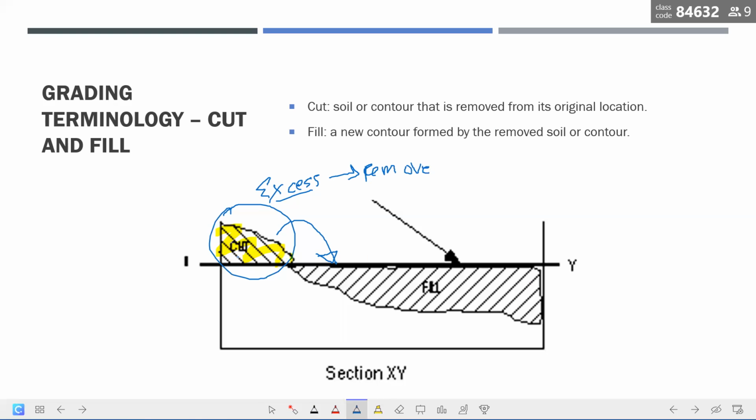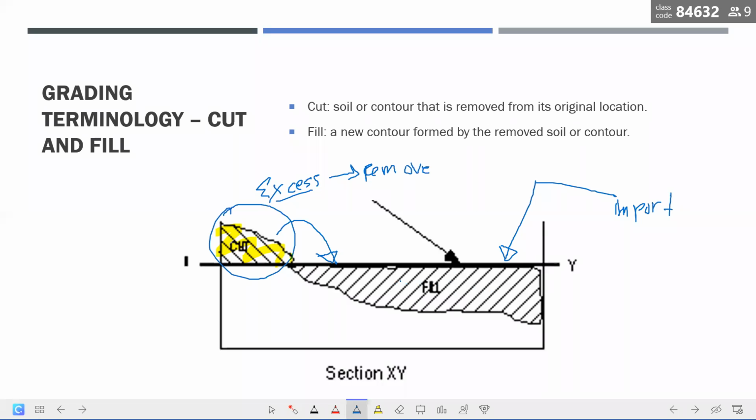But there are cases where there is not enough topsoil to cut to use as a filling, and therefore you might need to import soil from other areas to fill in the contours that need to be filled.